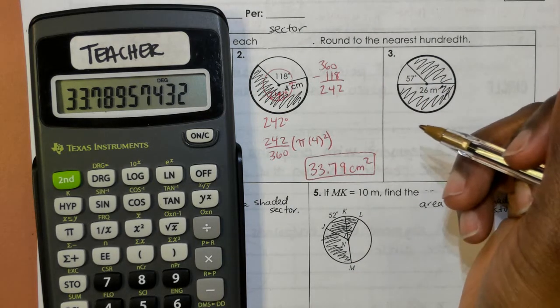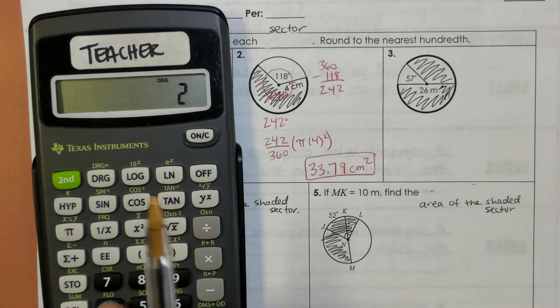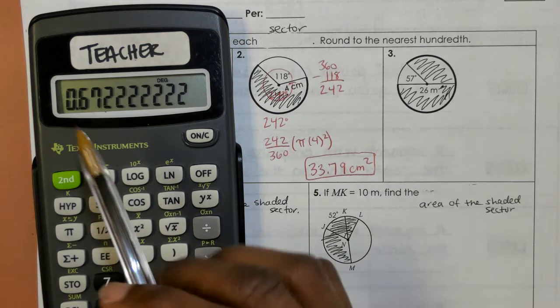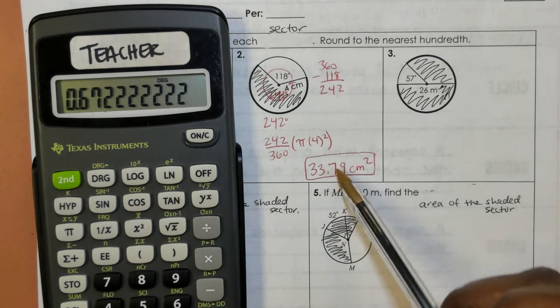Okay, so that's all the work that you would need to show. We're saying 242 out of 360 is about 67% of the circle's area is how much the shaded part is.